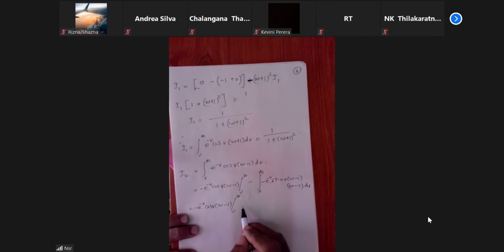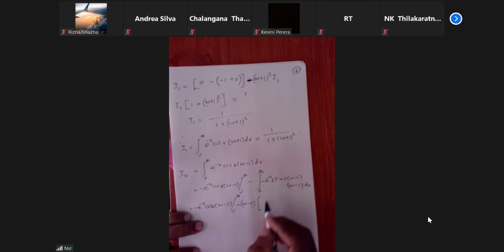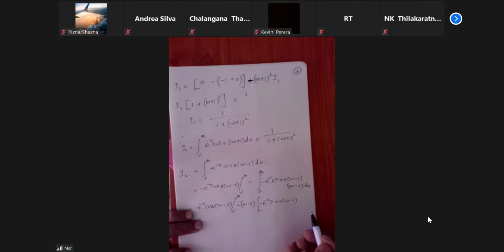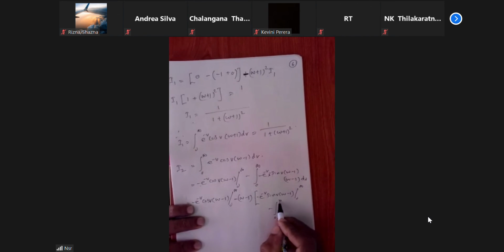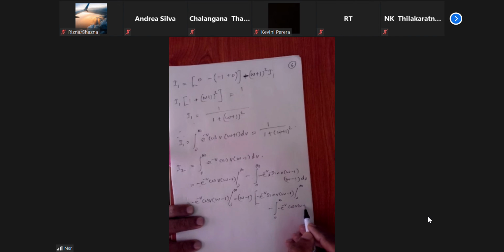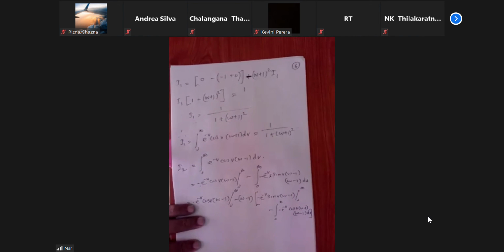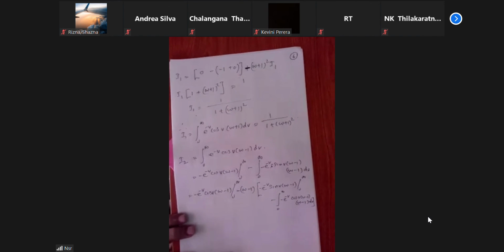So here we have minus 3 times minus again minus (omega minus 1), integration of this one minus e to the power minus v sin v (omega minus 1), 0 to infinity, minus integration 0 to infinity, integrated one, that means minus e to the power minus v derivative of sine, that is cos v (omega minus 1) into (omega minus 1) dv. Sorry, correct? Am I correct?